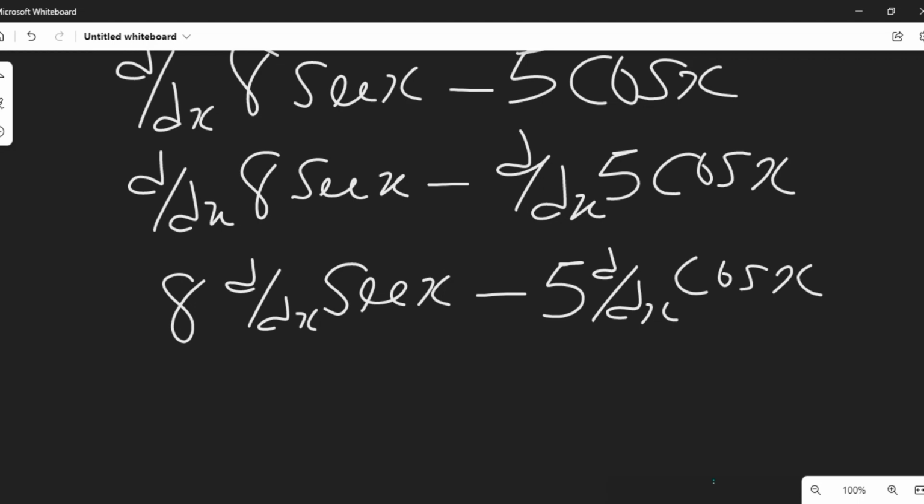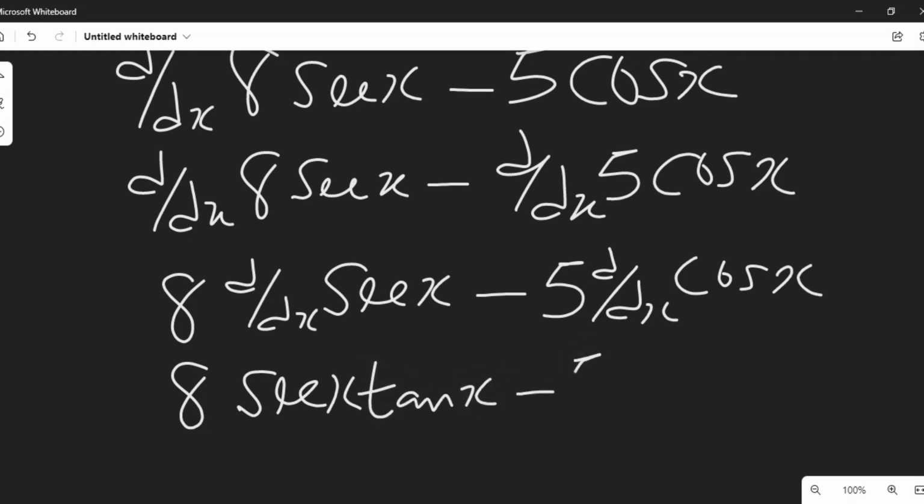So if we carry out this, the derivative of sec x is going to give us 8 multiplied by sec x and tan x, minus 5 multiplied by the derivative of cos x, which is the negative value of sin x.